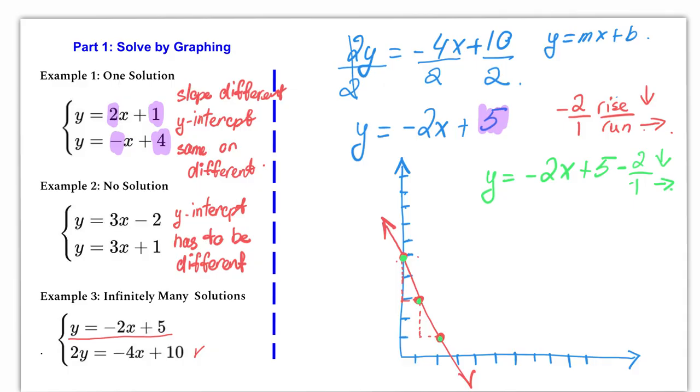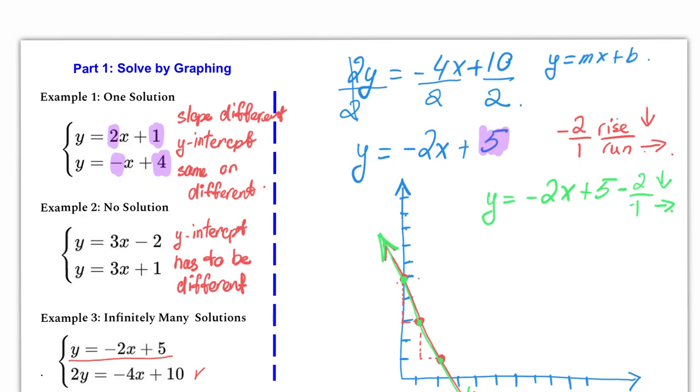What do you notice? Do you notice that these two equations are the same? Also notice that we wrote infinitely many solutions. So when the y-intercept and the slope are the same, that means we have infinitely many solutions, because they're going to cross at every single point and they'll have the same solutions.